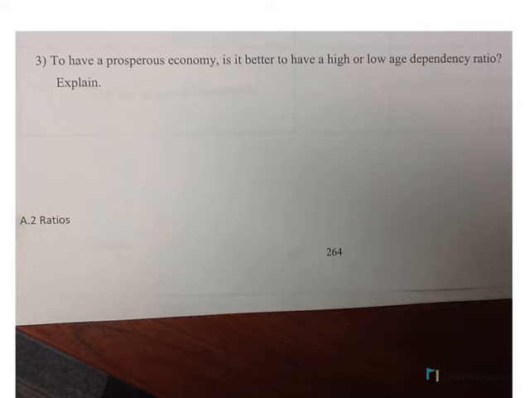Okay. Now, to have a prosperous economy, would you want a high or a low age dependency ratio? So think about that for a minute. You probably can have some different answers, but in general, I think you want a low. If you think about families who have 12 kids, they don't have a lot of extra money to put into the economy because they're spending their money supporting their family, right? Putting food on the table, getting the necessities.